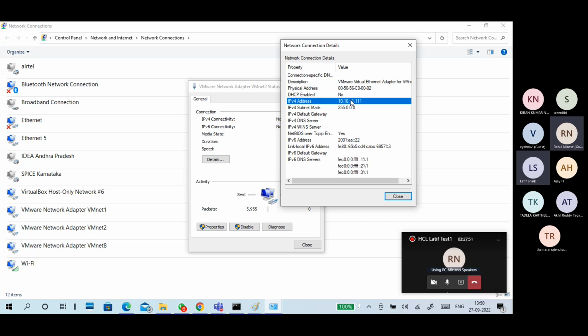Second, in IPv6, either you got an IP address from DHCP server or manually configured, your link local IPv6 will be there. So can I repeat again? In IPv4, either you configured manually or you got an IP address from DHCP server, you do not have any APIPA.